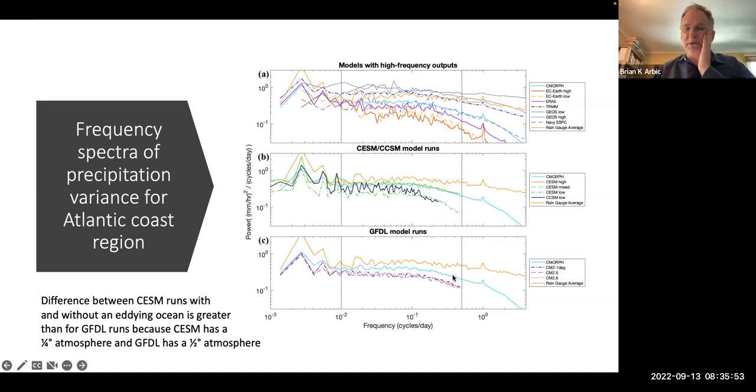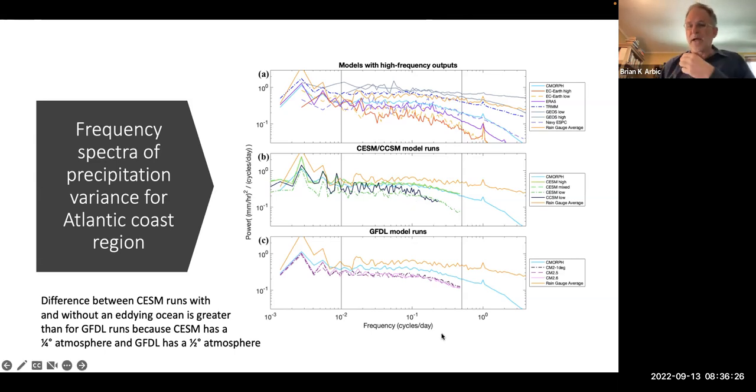If you integrate this, you can see that when you have an eddying ocean, you do have a little bit more precipitation variance, but it's not as big an effect as you see in the CESM runs. And we think the reason for that is that the CESM runs had a 1/4 degree atmosphere and the GFDL runs had a 1/2 degree atmosphere. So it seems that the eddying ocean does make a difference to the precip variance, especially when you have a higher resolution atmosphere to accept those high resolution fluxes from the ocean.